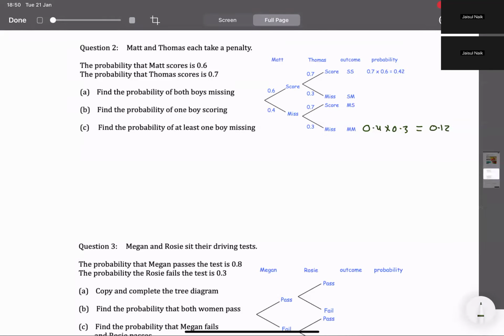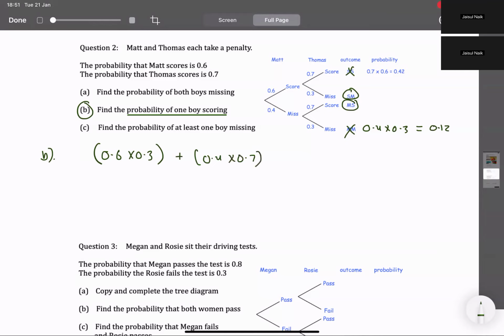Part B, the probability of one boy scoring. So score, score has two boys scoring, so it's not that one. Score and miss, where Matt scores and Thomas misses, that counts. Miss and score counts too, but miss and miss does not count. So we have to work out both of them. So score and miss is 0.6 times 0.3 plus, and then miss and score is 0.4 times 0.7.